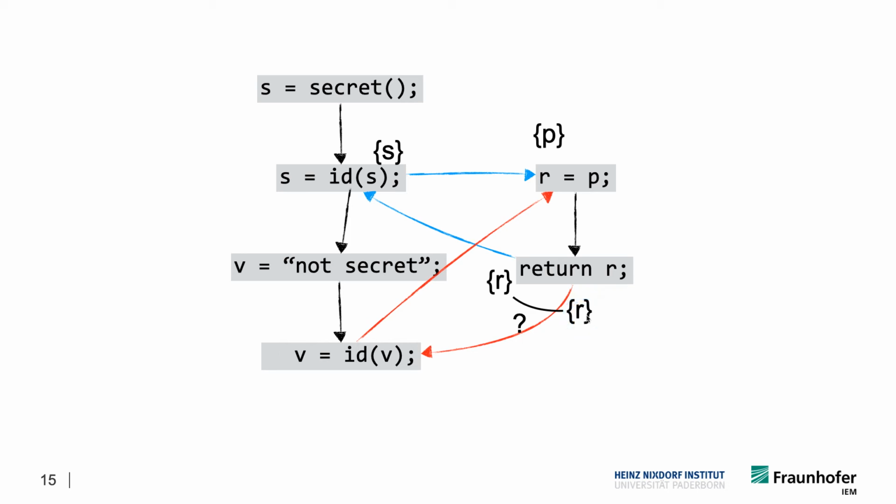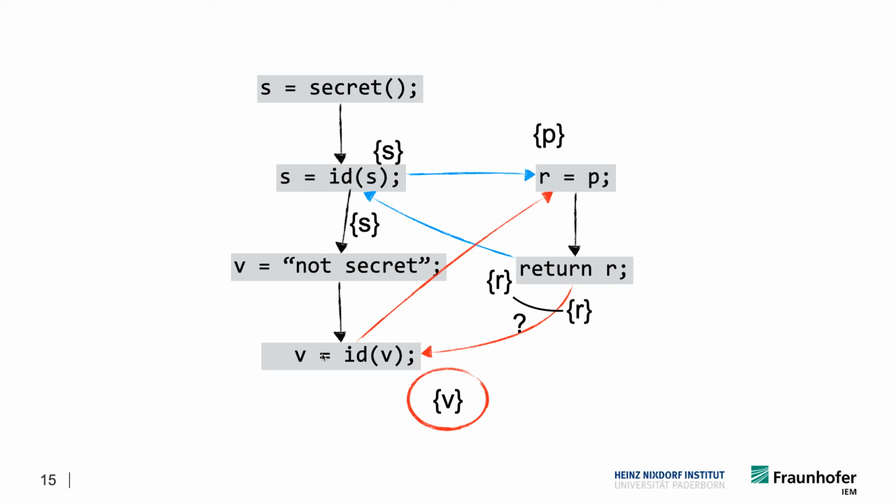In a context insensitive analysis, we would now return here to taint S on this level and to taint V on this level. But that down here would actually be a false positive, right? Because assuming that not secret is actually an untainted value, V should not become tainted here. And the taint is falsely identified here because basically this taint is going into ID and it's exiting here, which is unrealizable, right? It doesn't really make any sense.